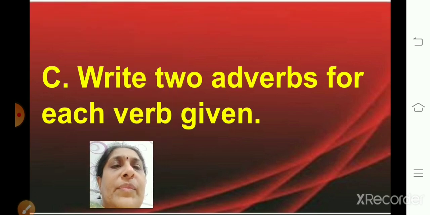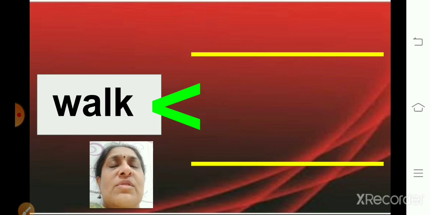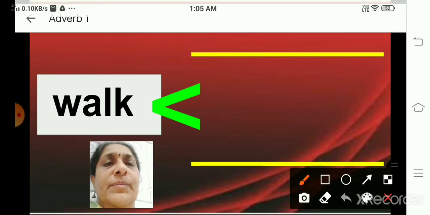Now, next activity. Write two adverbs for each verb given. Okay, what is the word? Walk. So you have to write two suitable adverbs for the verb walk. So what can you write, children?